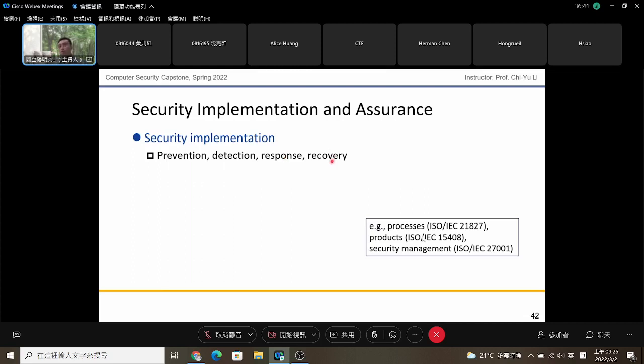And the last one is recovery, because we may not be able to detect the attack right away once it is launched. Maybe the attack has been running for a day or several days, so some damage has been caused in the system. So we also need a mechanism which can recover the damage. Basically, we need these four dimensions in the security implementation.